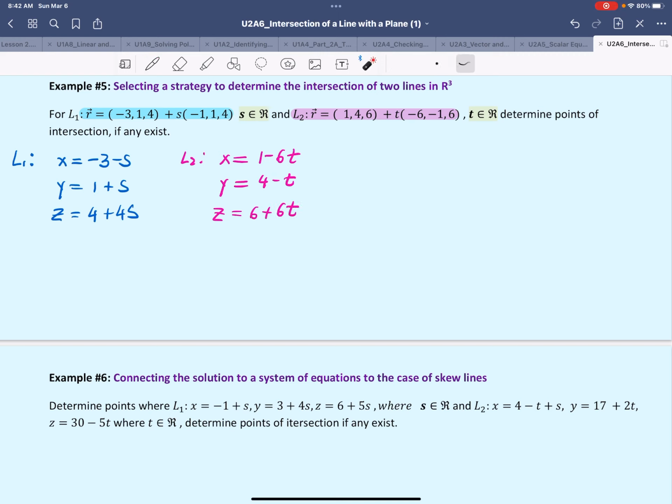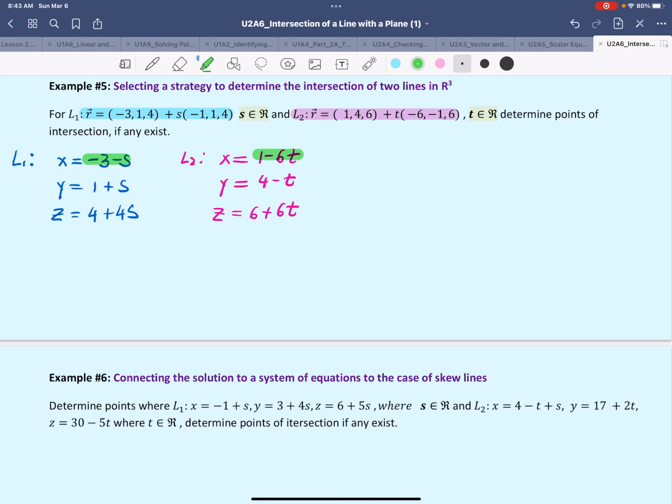So to find a point of intersection means to find the x, y, and z coordinates be the same for both lines. And in order to determine this, then we'll have to find the values of s and t that can make that happen. So we're going to say that since we are looking at two values of x that are the same, it means that -3 minus s must equal 1 minus 6t.